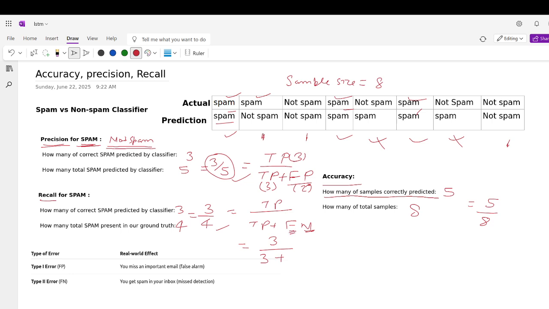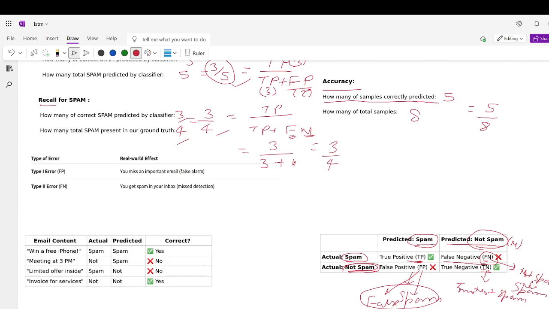So this is false again. This is not false. This is not false. So this is only 1. 3 divided by 4. So you can use either way, calculating the total values and creating the answer, or you can use this formula using our confusion matrix. Both ways you can solve.